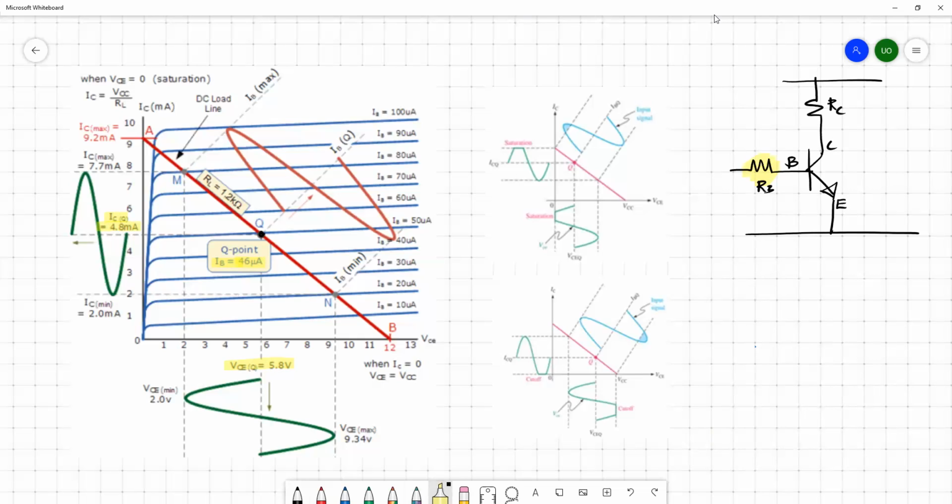So now if we just draw the base current, this is the time axis, and this is the IBQ. So this is your base current, which is equal to IBQ, equal to 46 microamperes. So this is the base current.